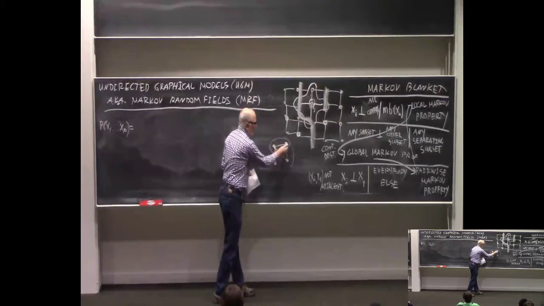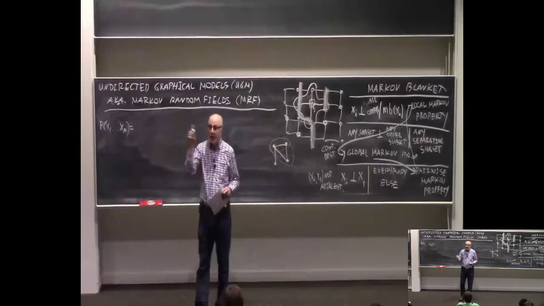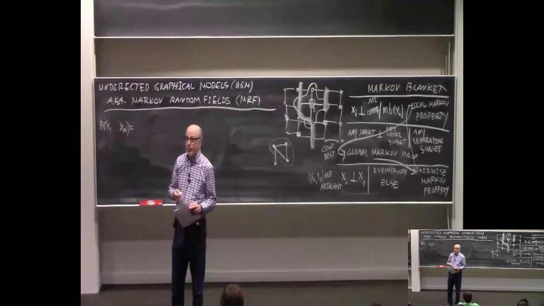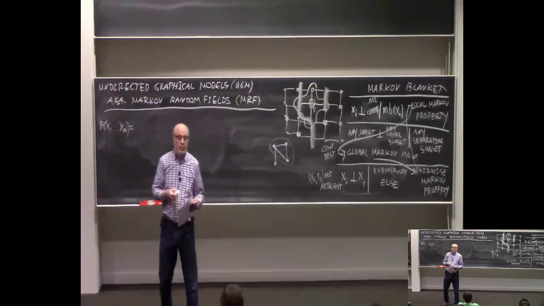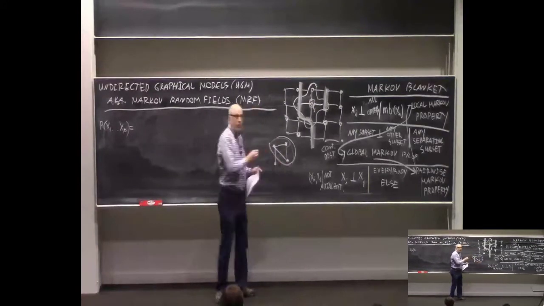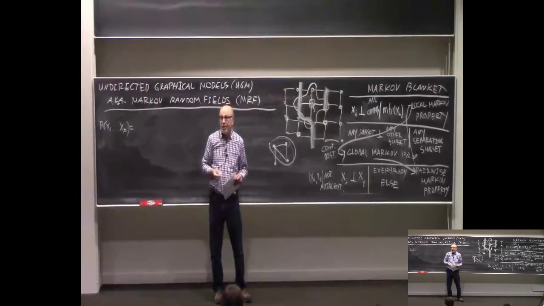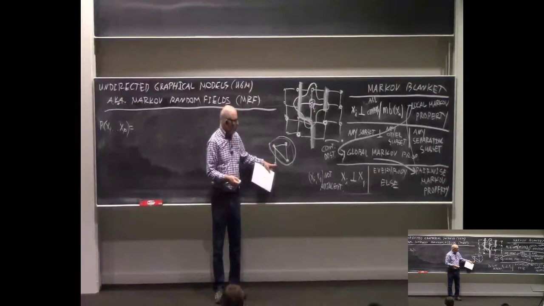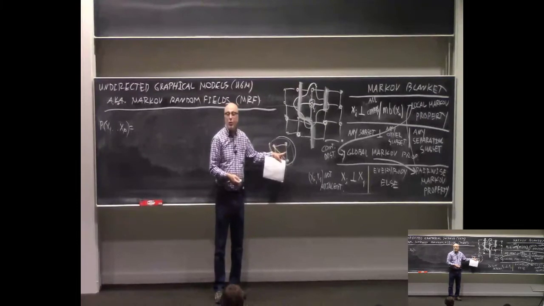This clique is a 3-node clique. It's also a clique because all nodes are connected to all other nodes. Is it a maximal clique? Yes, it is. There's only one node we can potentially add, and if we added this node, it stops being a clique because this node is not connected to this node or to this node.